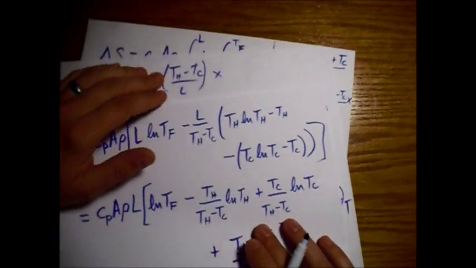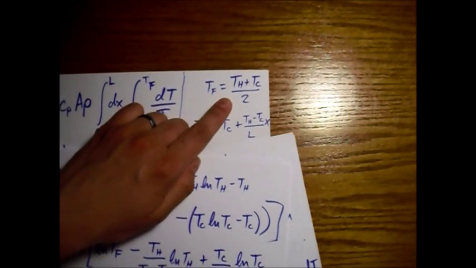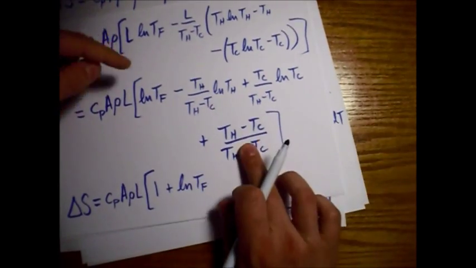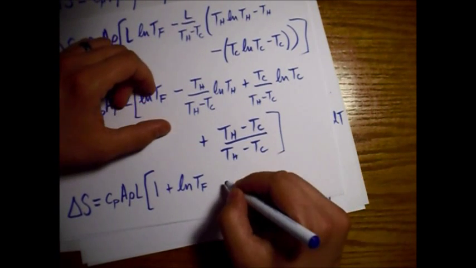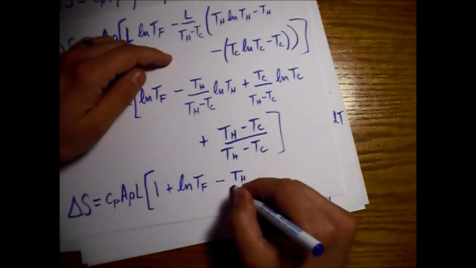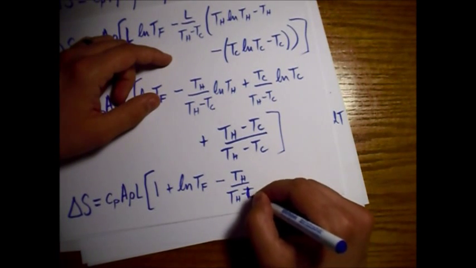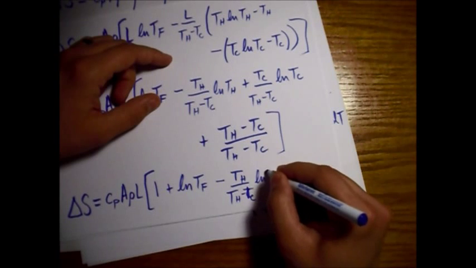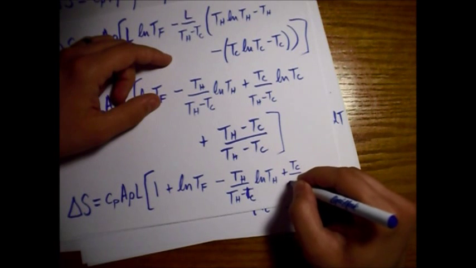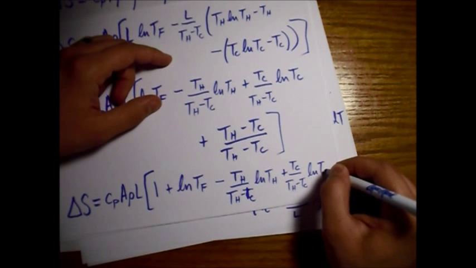Remember what Tf is. Tf is just the average of the hot and cold temperatures from right up here. So 1 plus natural log of Tf, minus Th over (Th minus Tc), natural log of Th, plus Tc over (Th minus Tc), natural log of Tc.